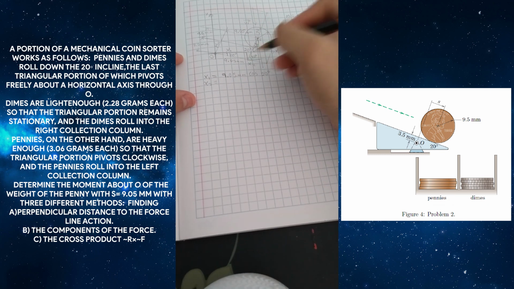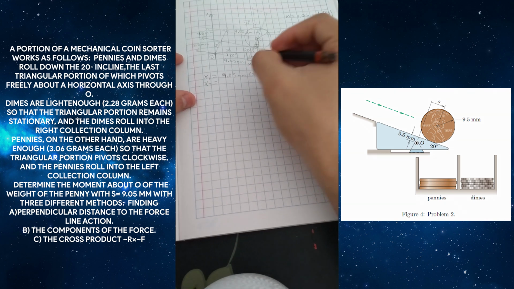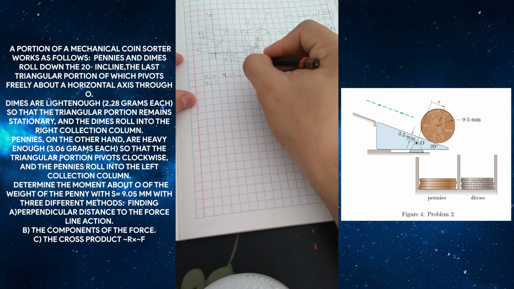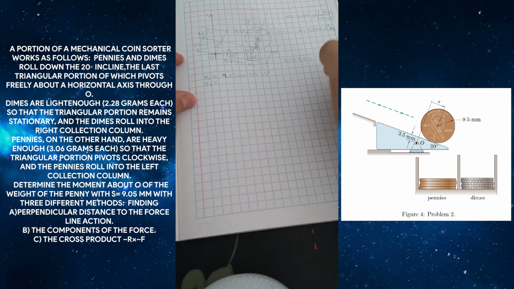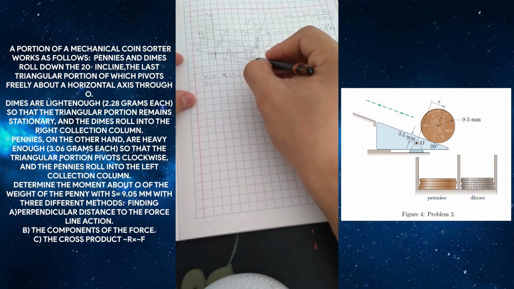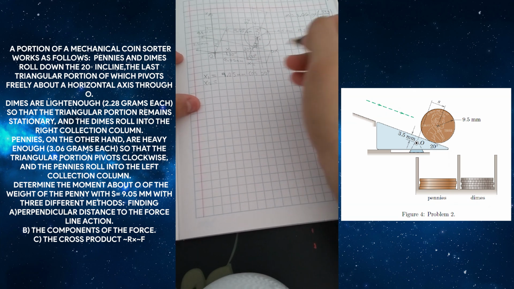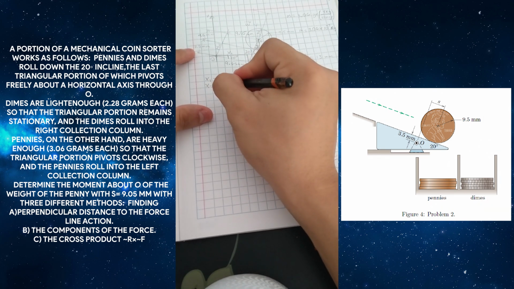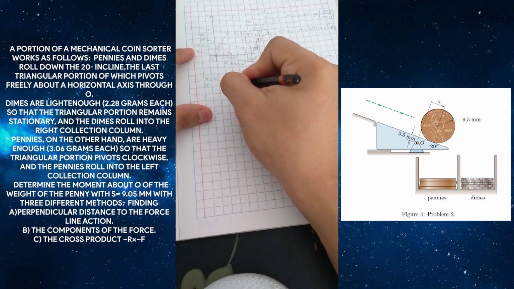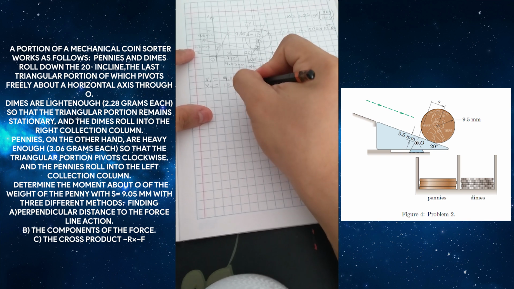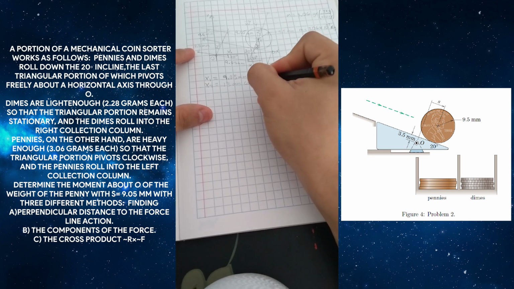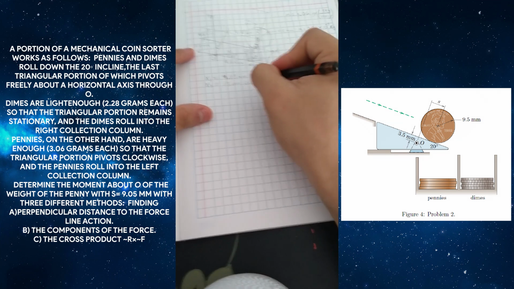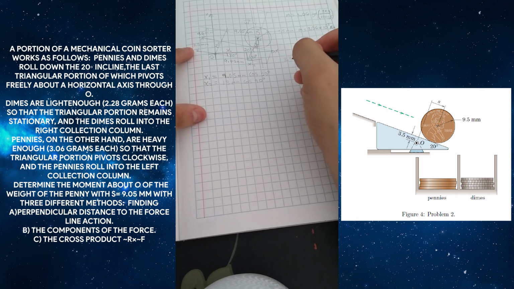So this distance is the hypotenuse, and here we need to find the side. And this side is going to be the hypotenuse times cosine of 70 degrees. That is going to be 13 millimeters times cosine of 70 degrees.